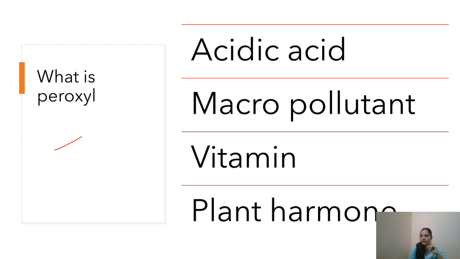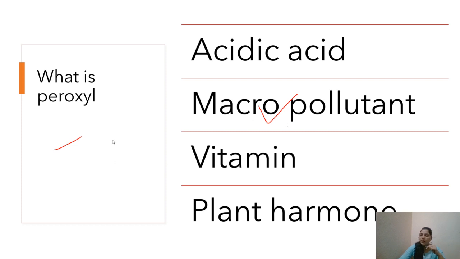Any guesses? B. Okay. Yes, let me go with the option B. So B is the right answer. Peroxyl is a macropollutant.